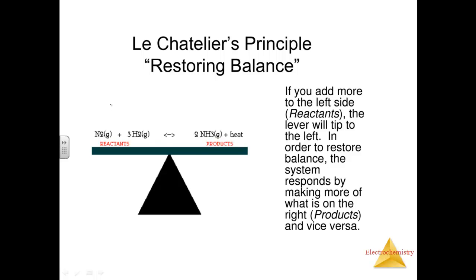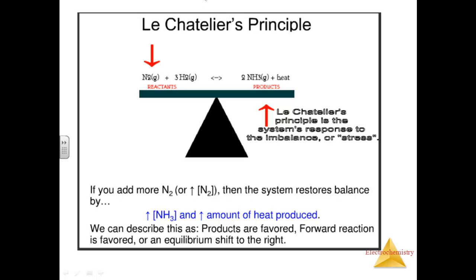The reaction continues to go back and forth, but they are balanced. If you add more reactants, that's going to increase the concentration over here. And what Le Chatelier says is we want to shift the reaction to get rid of the excess here, and that is going to cause us to produce more product.